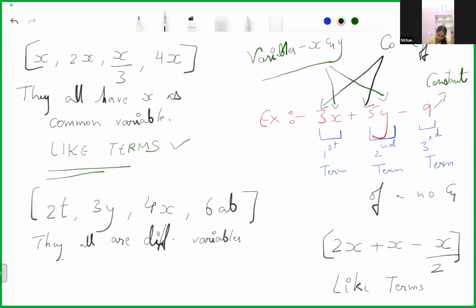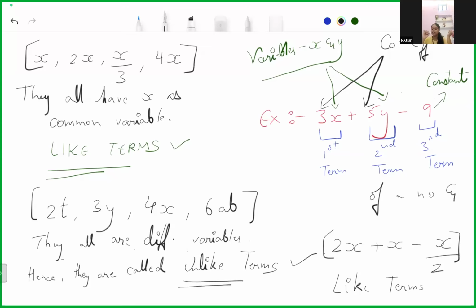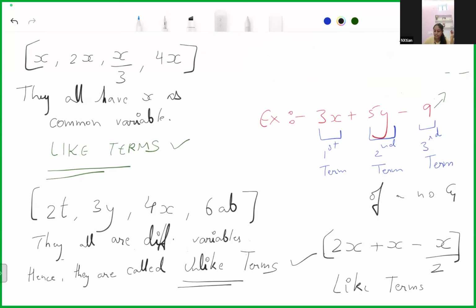Hence, these are unlike terms. Here also in this equation, 3x plus 5y, it is unlike terms.